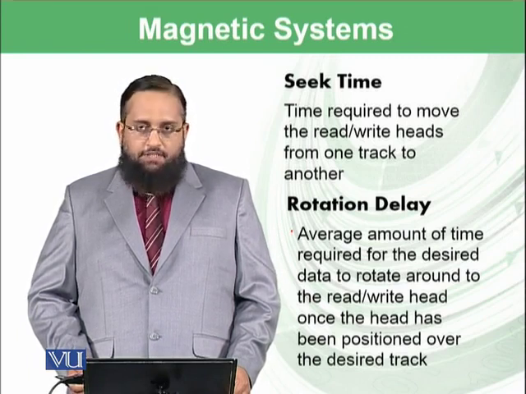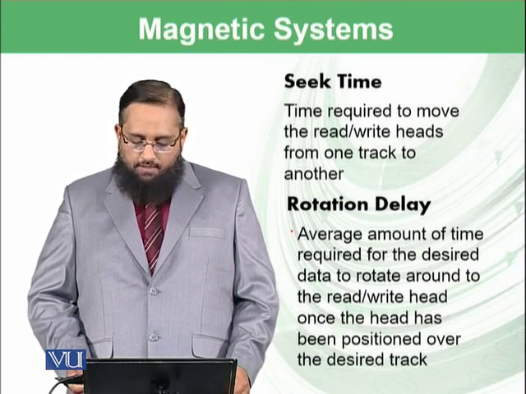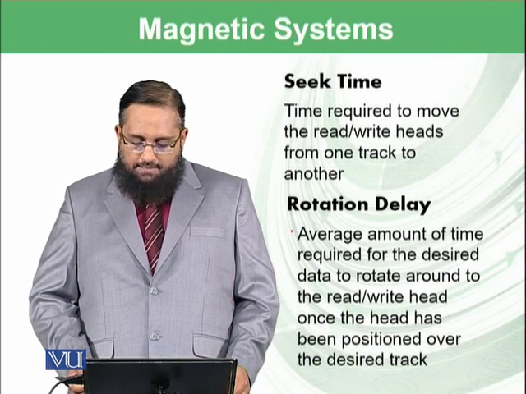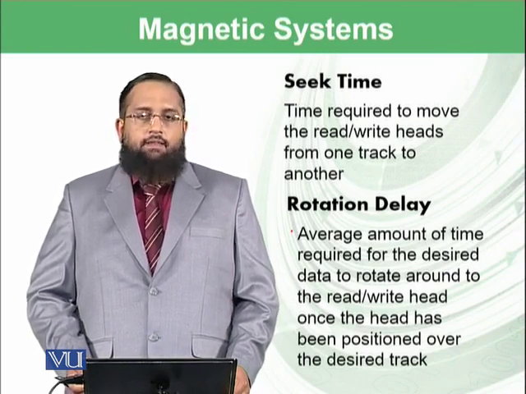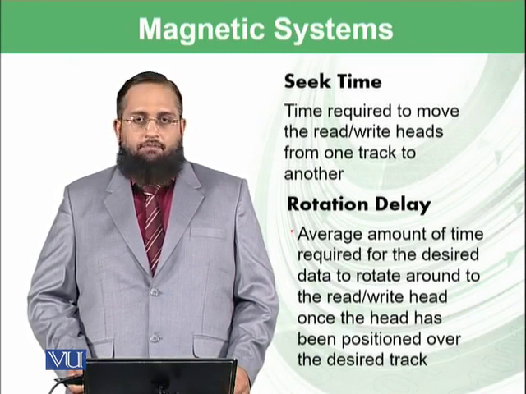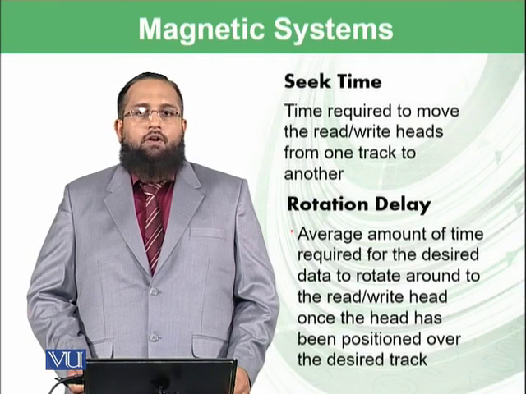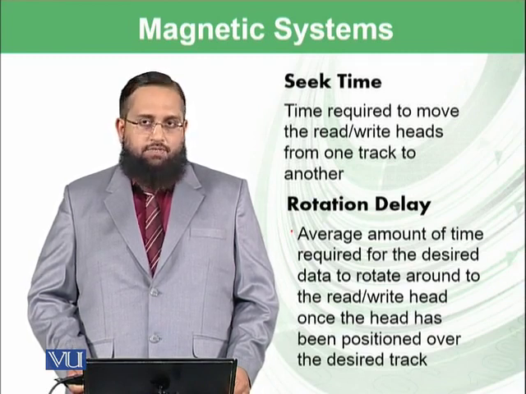And then there is rotation delay. It is the average amount of time required for the desired data to rotate around to the read-write head once the head has been positioned over the desired track. So for example, your read-write head is positioned on the right track, and then you want to locate which data should be fetched first.